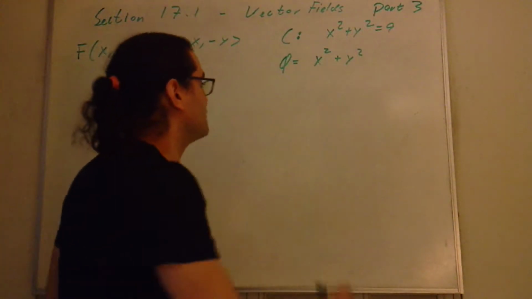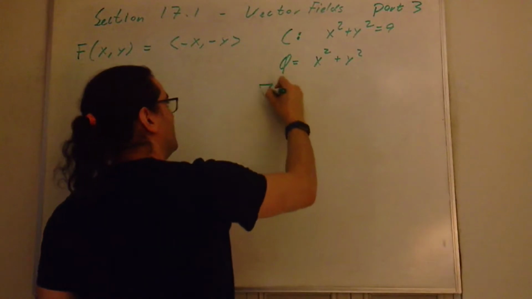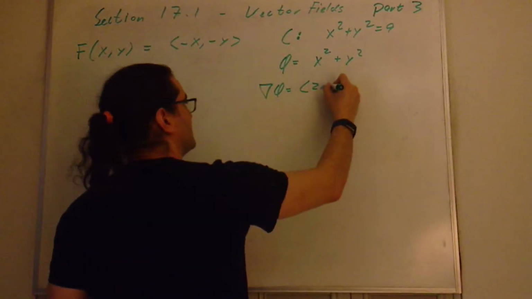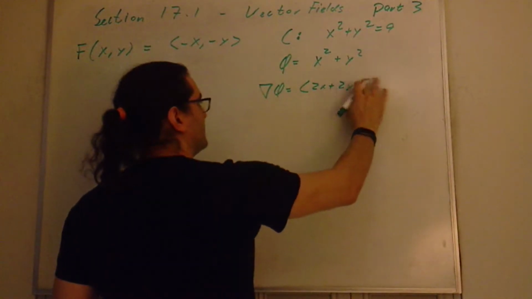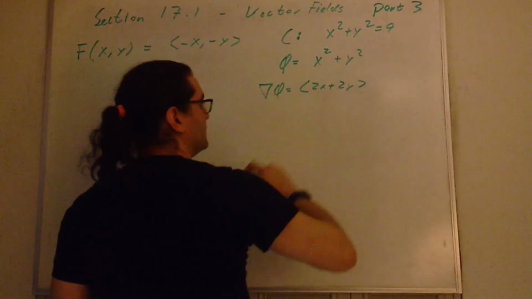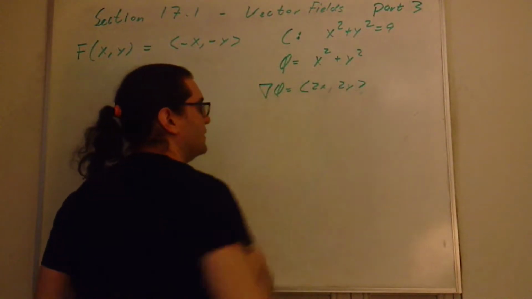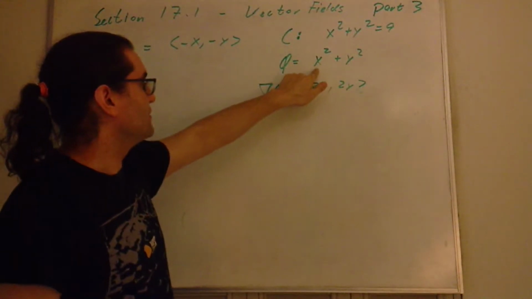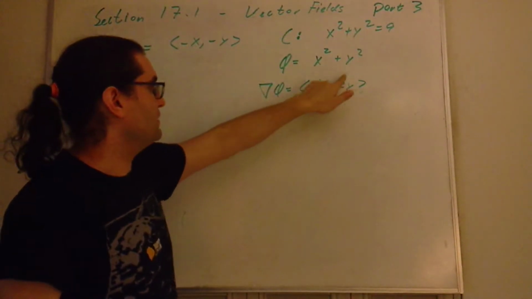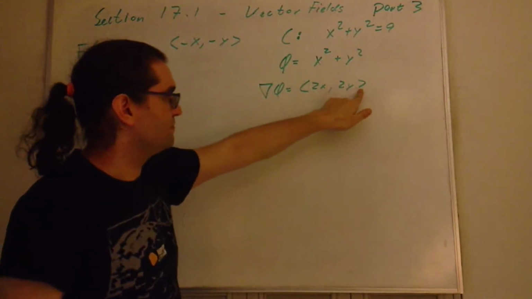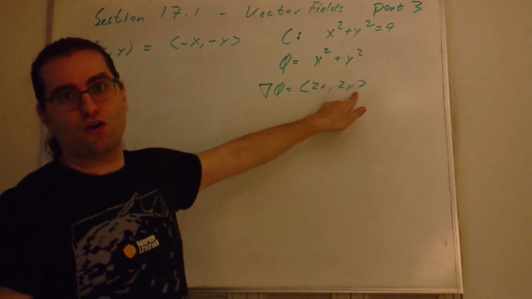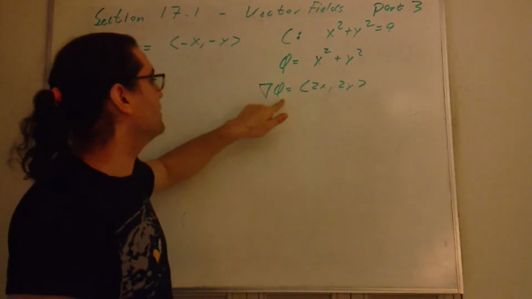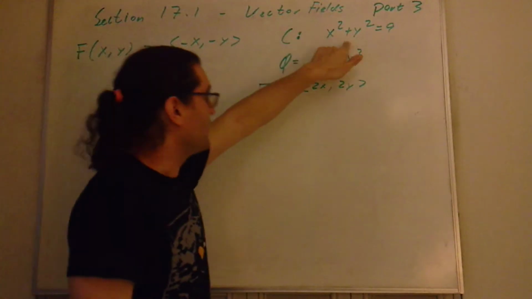Now that we have a larger potential function, we can find the gradient of phi, and that should be 2x comma 2y as a vector. This is the derivative with respect to x, i, the derivative with respect to y, j. This is the gradient of the potential function that has this level curve.